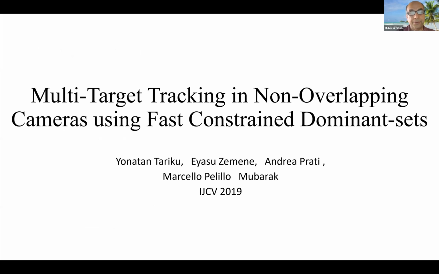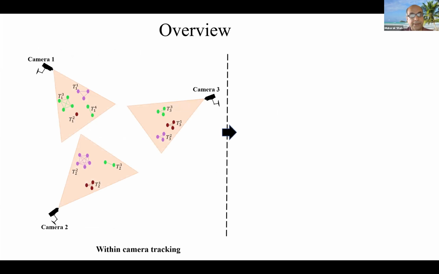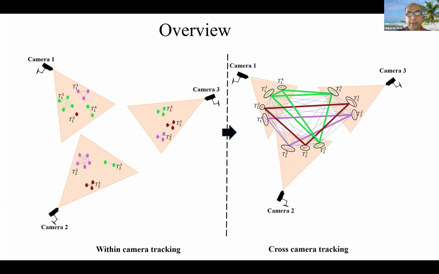Here also we are using the dominant set clustering idea. Let's say we have 3 cameras with non-overlapping fields of view. Now we can solve the tracking within each camera, and these are tracks of different persons. Once within-camera tracking is solved, we look at cross camera tracking.